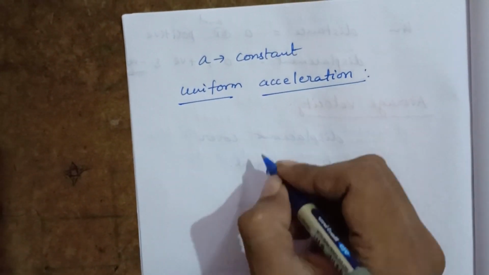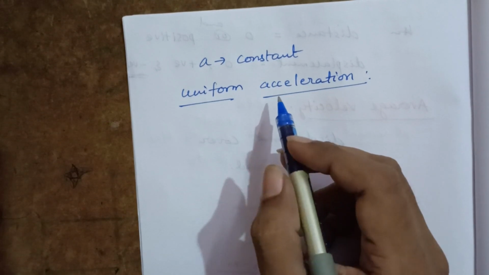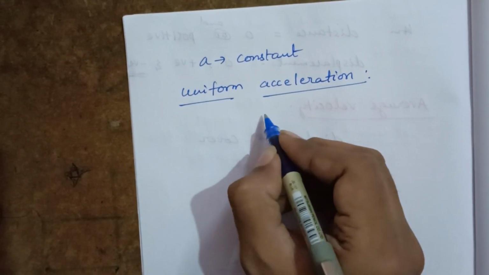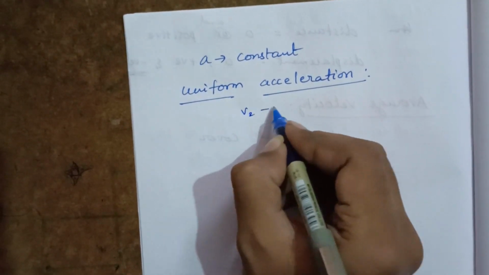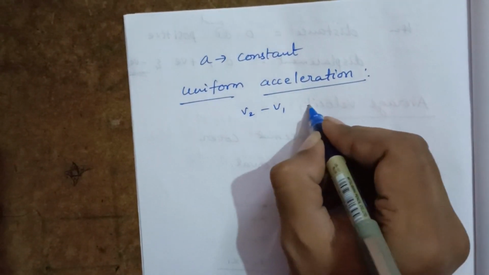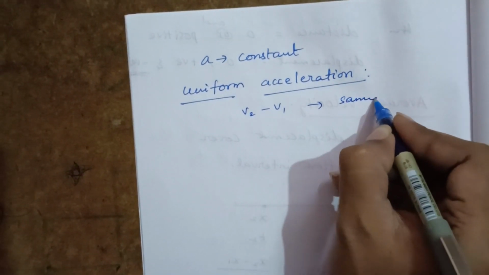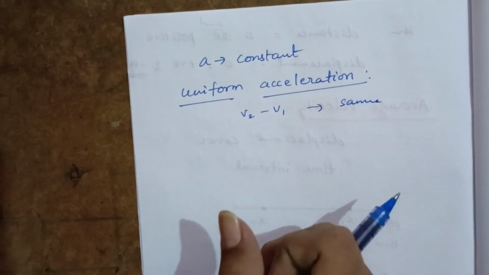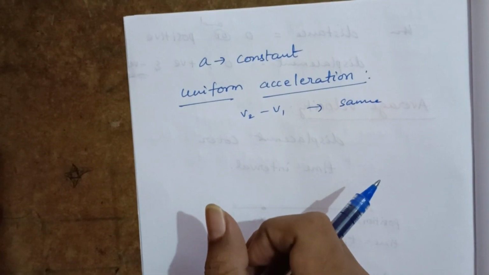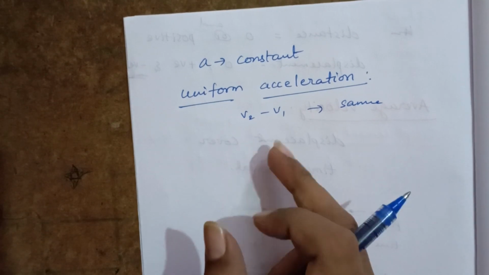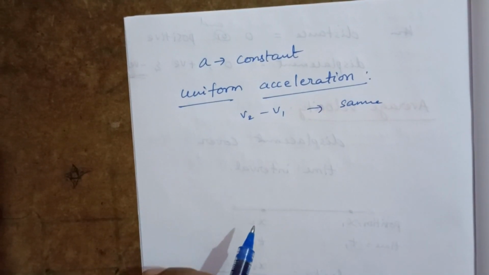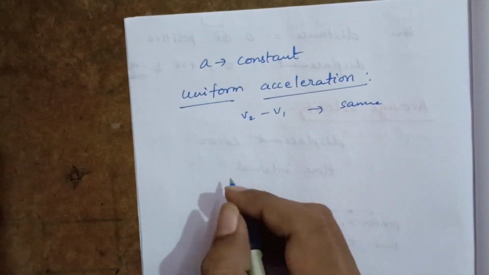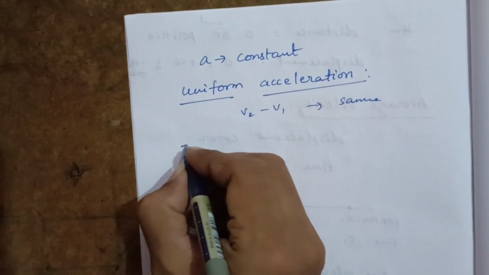A constant or uniform acceleration means the change in velocity, v2 minus v1, is the same for all intervals of time. Then the acceleration is uniform acceleration. For uniformly accelerated motion, we have equations.